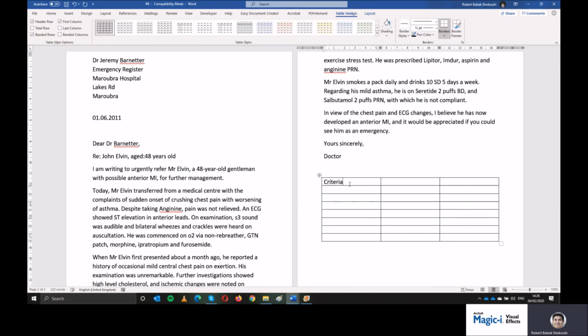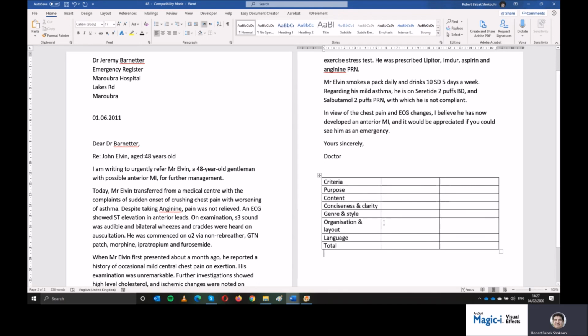The criteria are: first purpose, second content, third conciseness and clarity, then genre and style, organization and layout, then language, and the next one is our total.